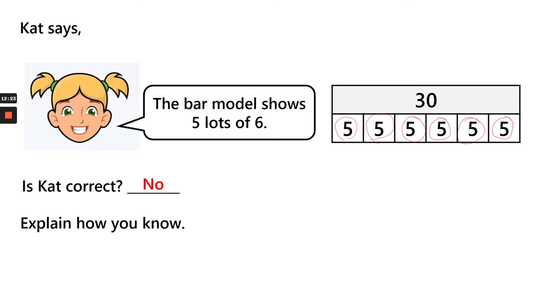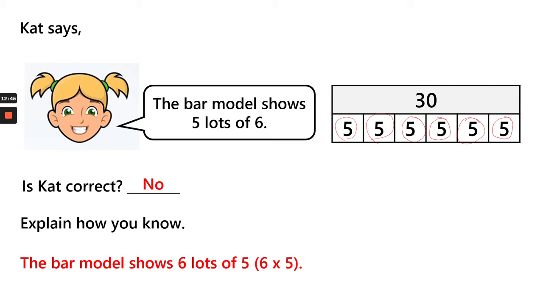So Kat is wrong. Explain how you know. We know this because our bar model shows that there are 6 lots of 5, not 5 lots of 6.